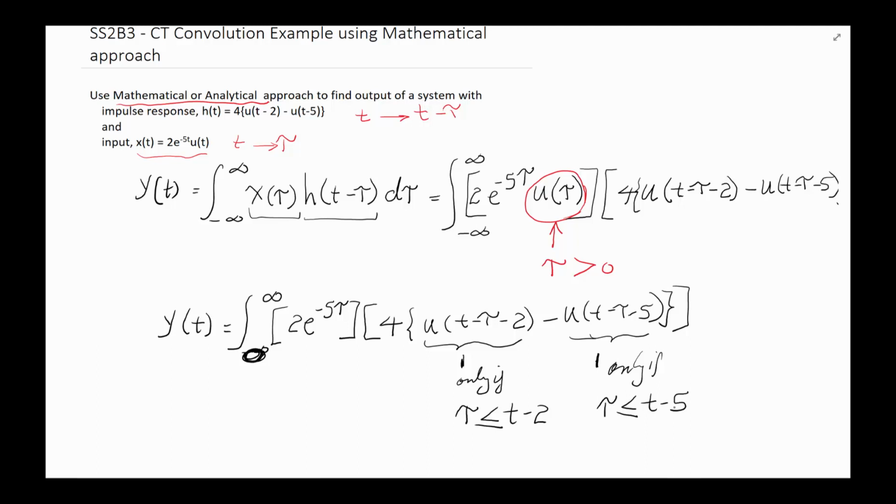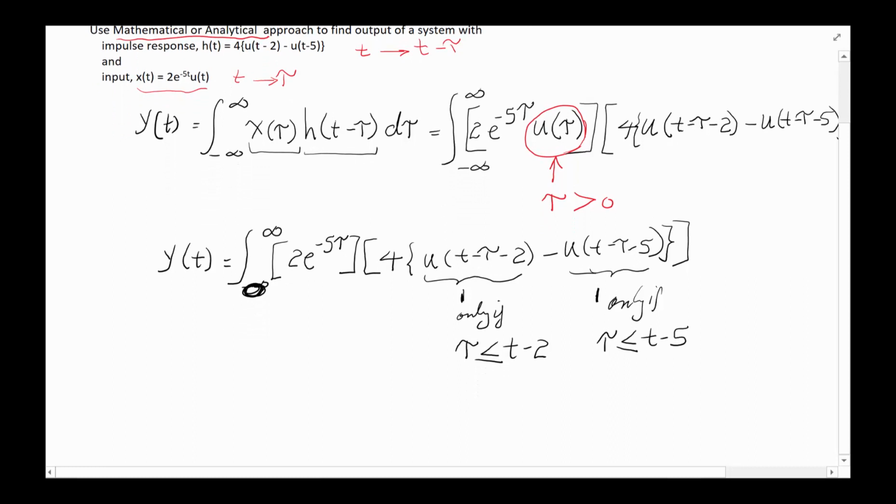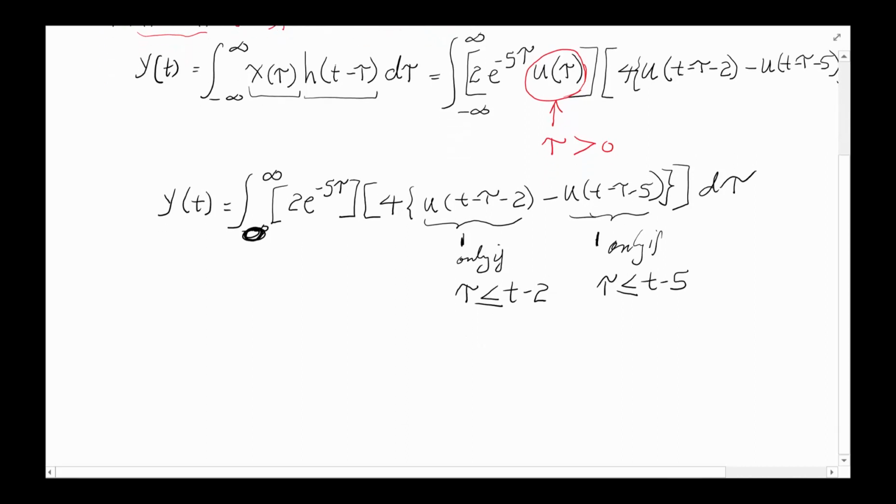So the d tau, I forgot to put in here. This can further simplify our y of t by simply saying that y of t is basically an integral where tau goes from t minus 2 to t minus 5, of 8, because this goes away, 8 e to the minus 5 tau d tau.